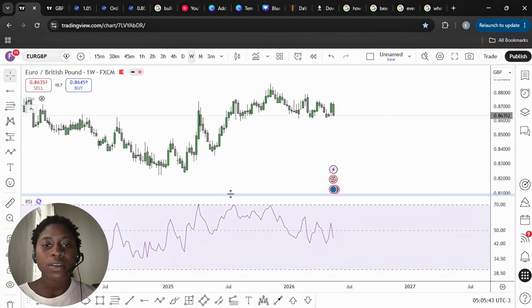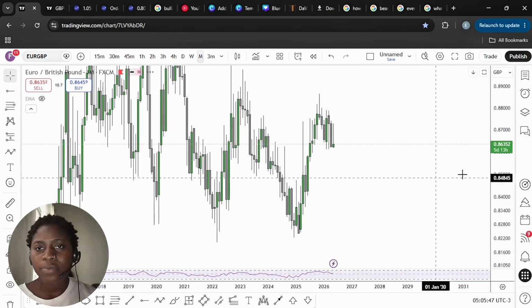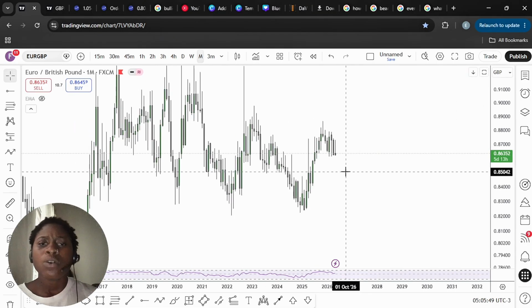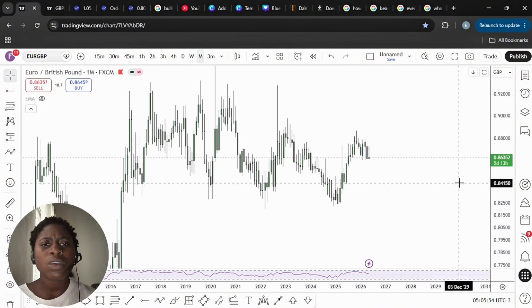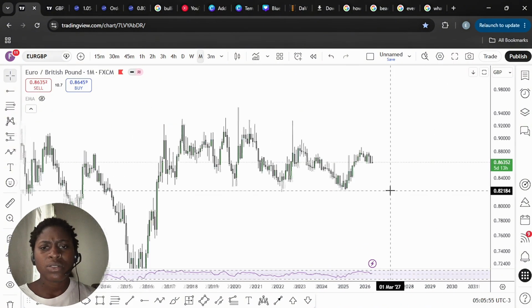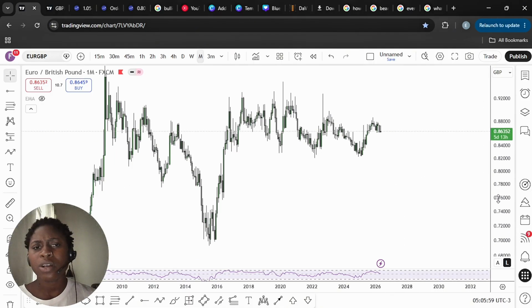Because of that, let's take it back a bit. Let's go to the monthly time frame. On the monthly time frame, we have here. It's not really that clear. It's kind of choppy.